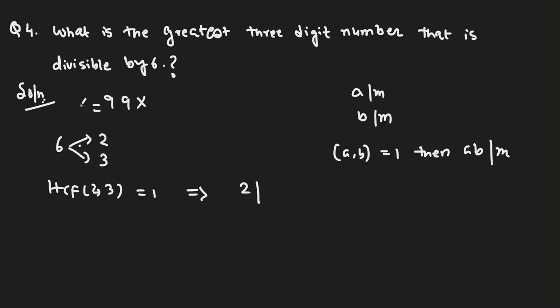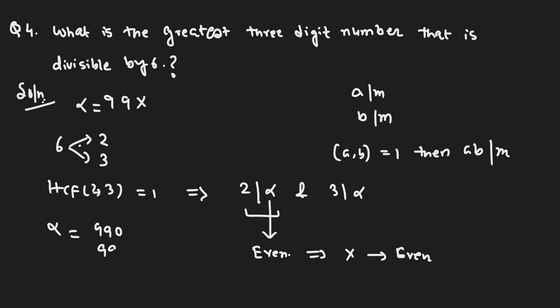If I call this number alpha, 2 divides alpha and at the same time 3 divides alpha. So since 2 divides alpha, the number alpha must be even. So x should be even.